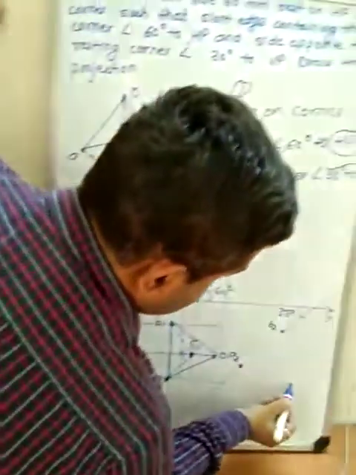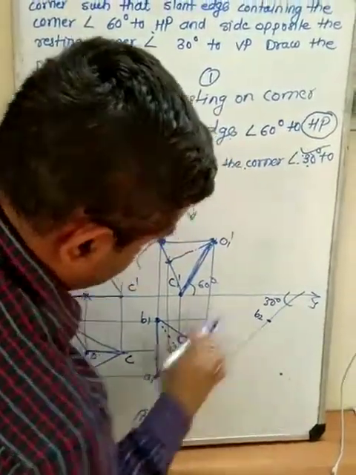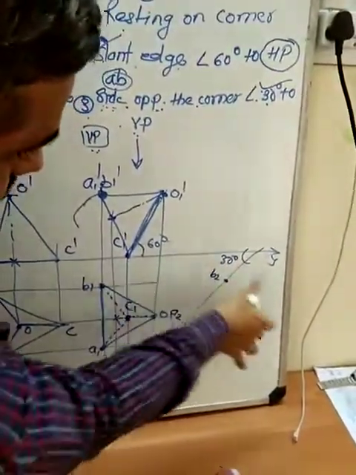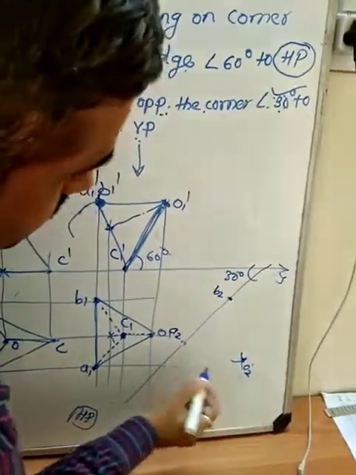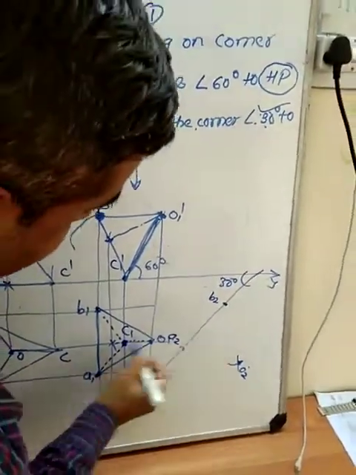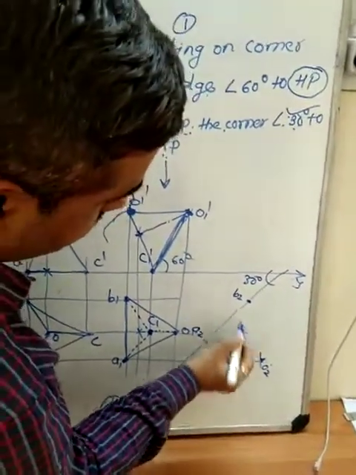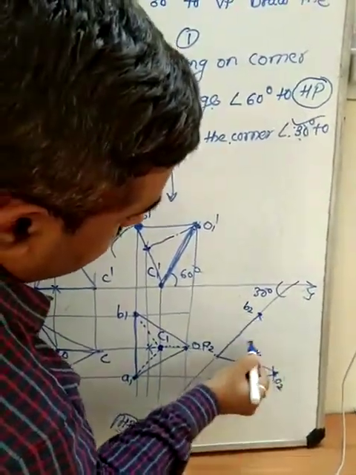Now for the remaining points, take this distance and this one, and you will get here O2. Now mark the remaining points C2 and the axis.